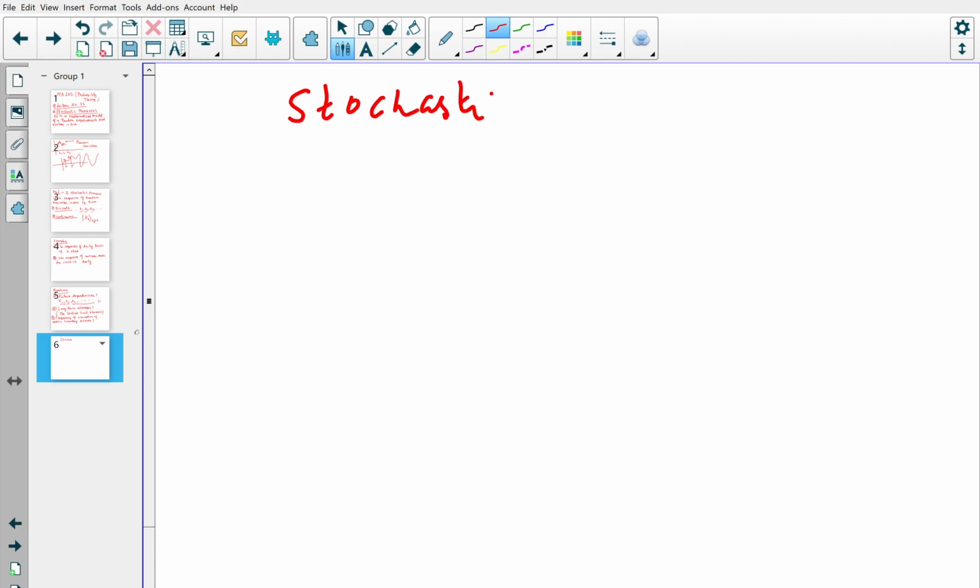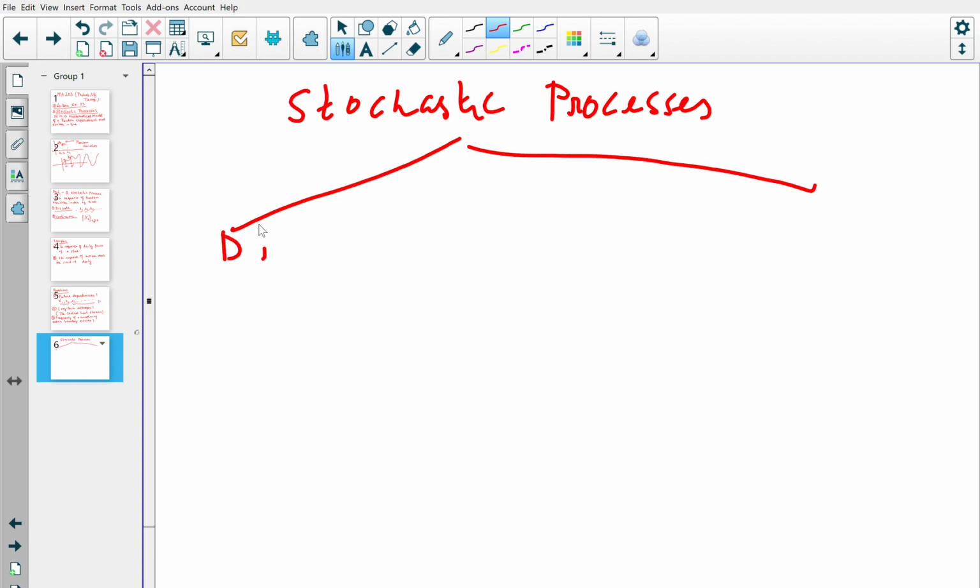we have stochastic processes. You have the discrete type and the continuous type. In our syllabus we only have the discrete type stochastic process.